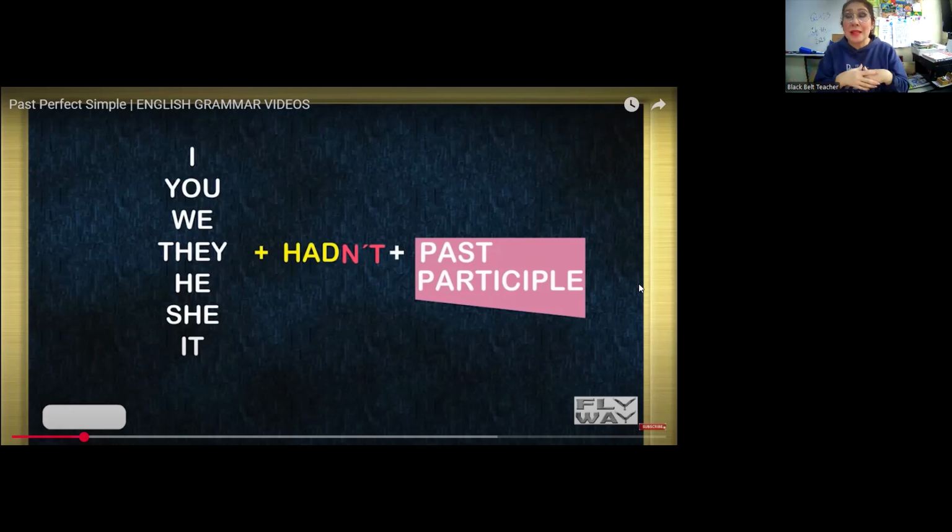I know it may look confusing, but it is not confusing, okay? So I would, I'd, I had, I'd. You would, you'd. You had, you'd. He had, he'd. She had, she'd. It had, it'd. We had, we'd. They had, they'd. So that's how it works.